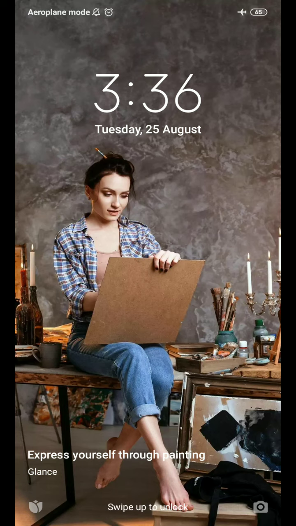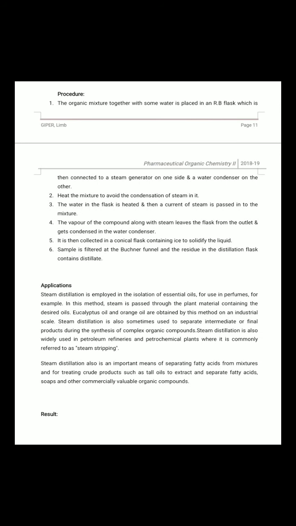This is the basic application and procedure we use in steam distillation. You should go through it in detail, understand it, and study the different procedures and references given on Google or other media.